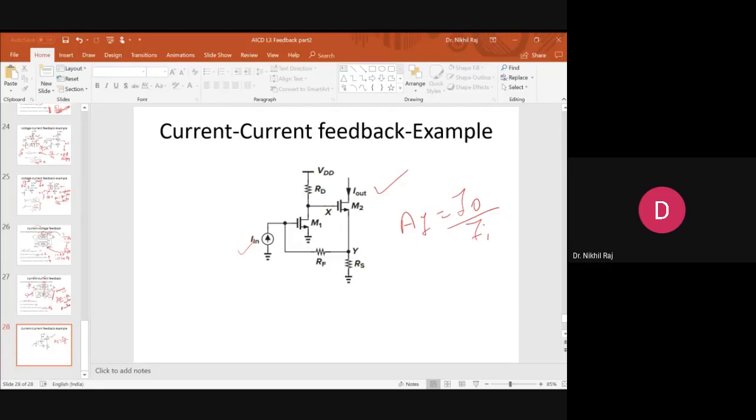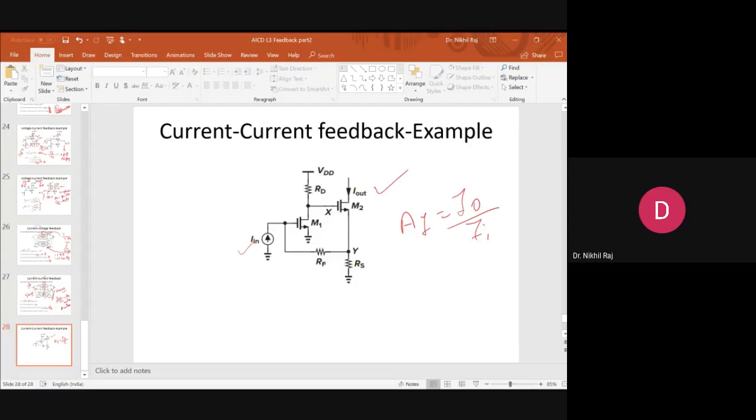Till now we have done all the analysis assuming there is no loading of beta on the amplifier, but in all the configurations we have seen beta is connected and it is changing the impedances. This means definitely there must be some loading effect, because beta will also extract some current from the amplifier when we are calculating the open loop gain.